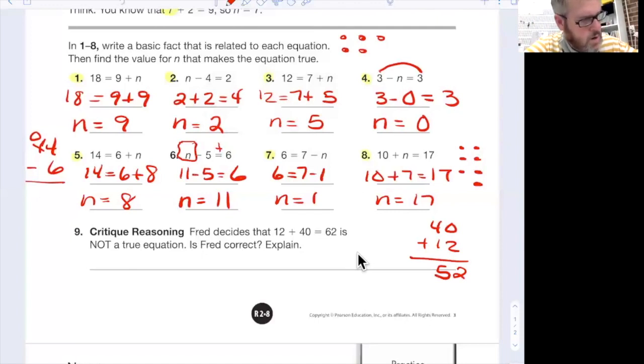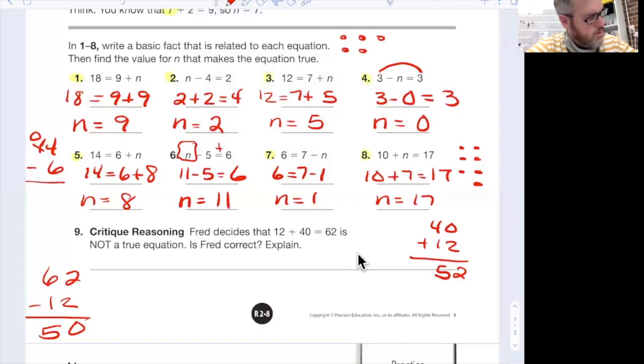What did he do wrong? Or could you explain in your own words why it's not correct? Maybe your explanation is, I checked his work by doing stacked addition, and I got 52. Therefore, Fred's thinking was wrong. Let's try it another way. You could try 62 minus 12. What is 62 minus 12? Well, 2 minus 2 is 0, and 6 minus 1 is 5, so 50.